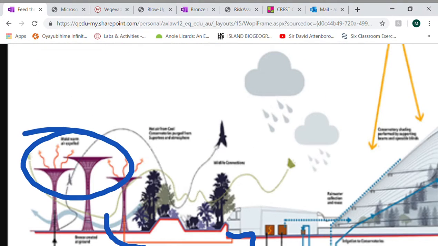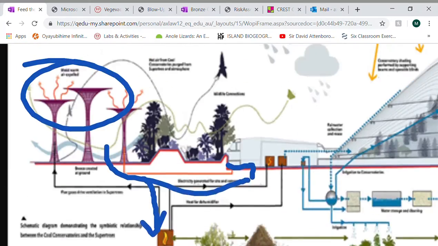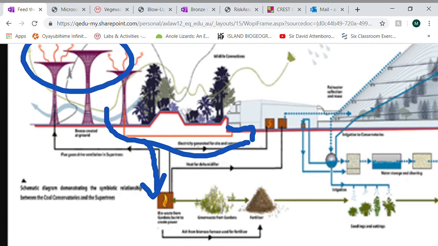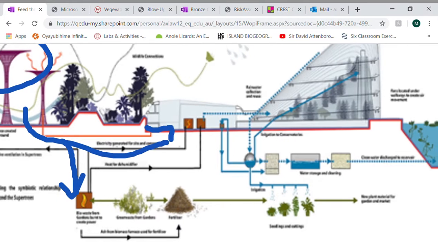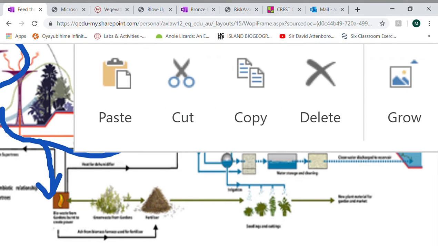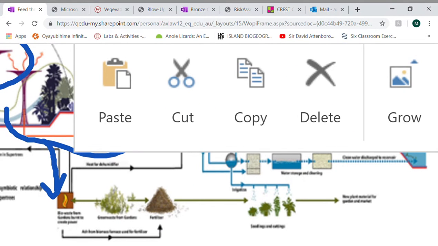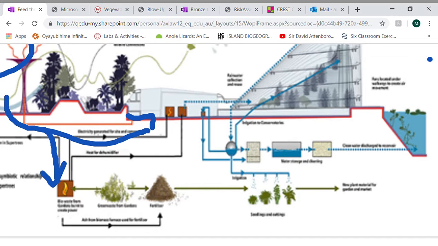So you have the biodegradable waste down the bottom, moving across to landfill and then being reused again, and then powering and using some water underneath there.